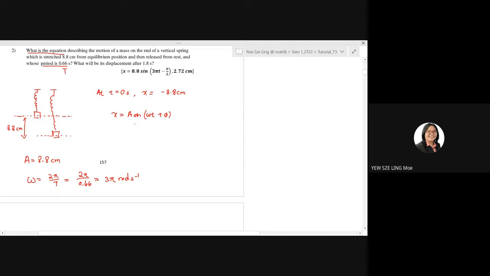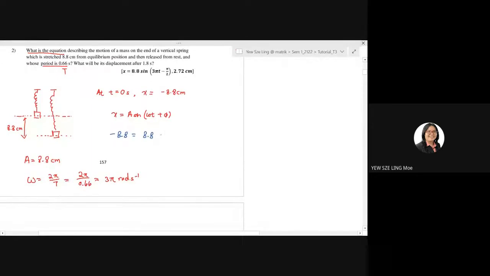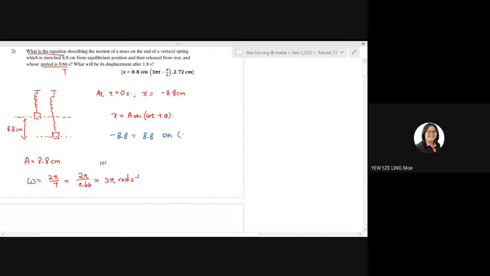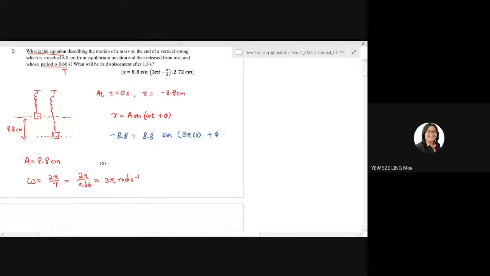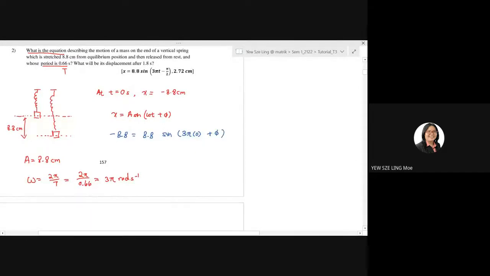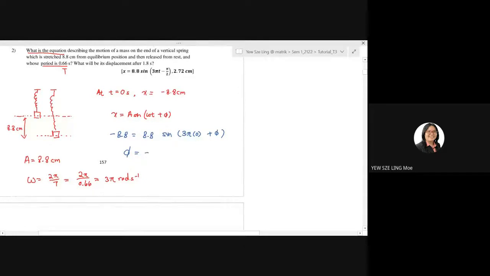So x equals A sine omega t plus phi. x at t equals 0 is negative 8.8, which equals 8.8 sine of 3 pi times 0 plus phi. So rearrange the equations. If you solve everything in the correct manner, you will get phi equals negative pi over 2.